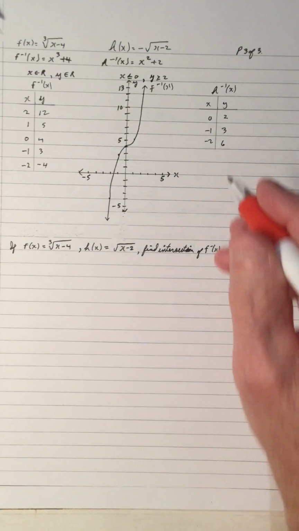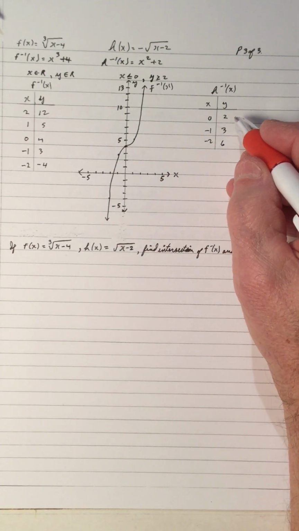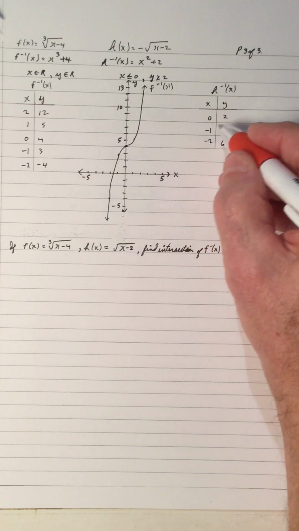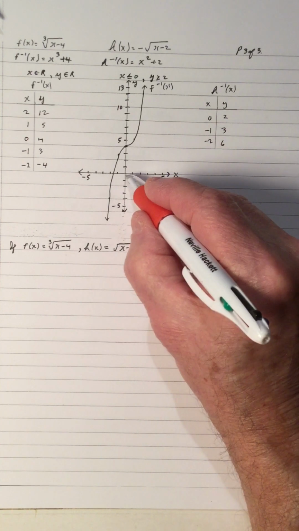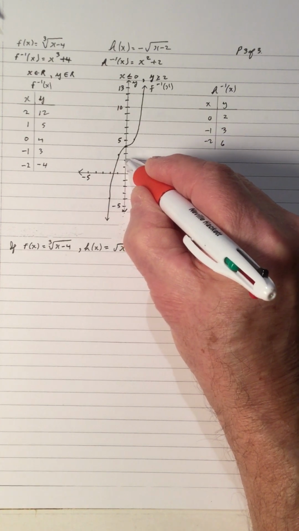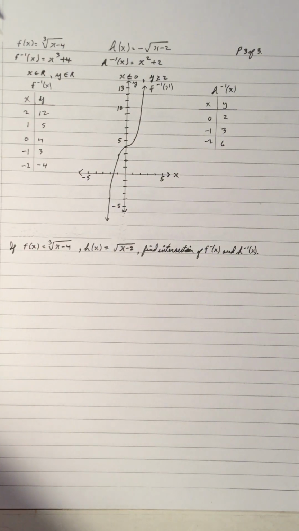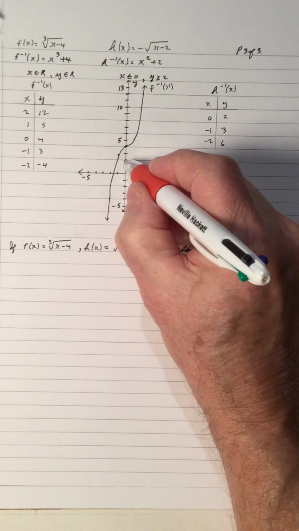So what I'm going to do right now is color in to show its inverse. This 0 gives me a 2. Make sure that I do the inverse in red.